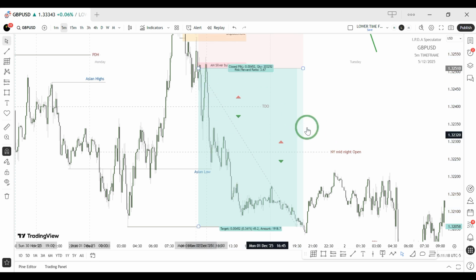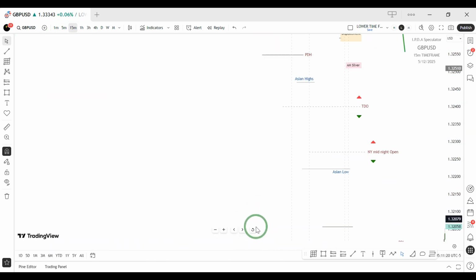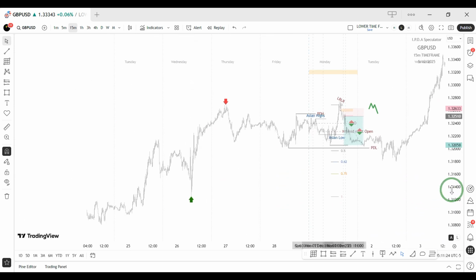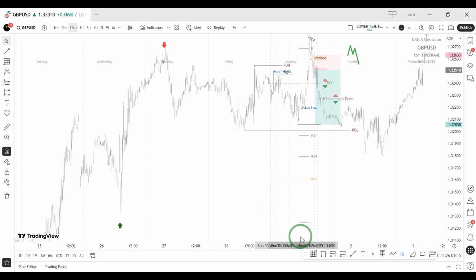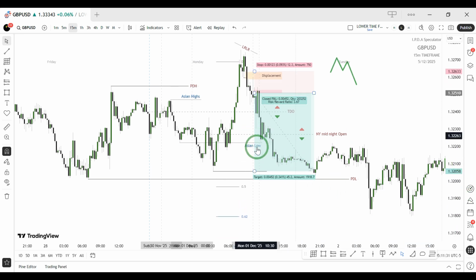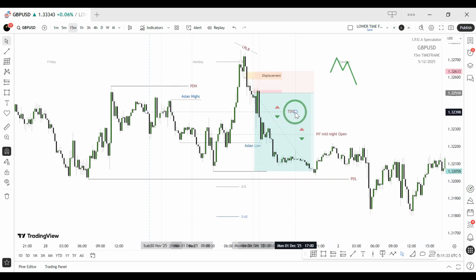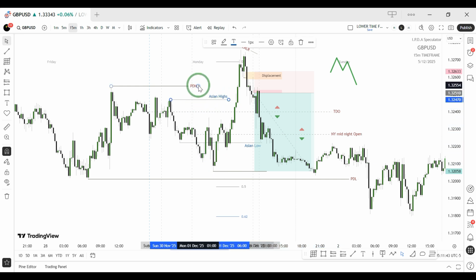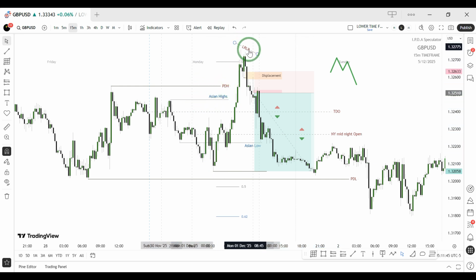And that's how the trade played out. So now you can see how this trade was. We were above the 2-day open, above New York midnight open, in the premium of the range, trading above Asian highs, previous day's highs, low resistance liquidity run reversal.